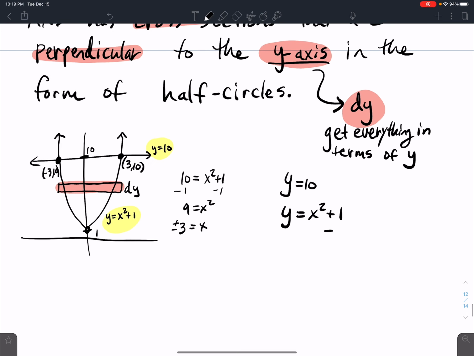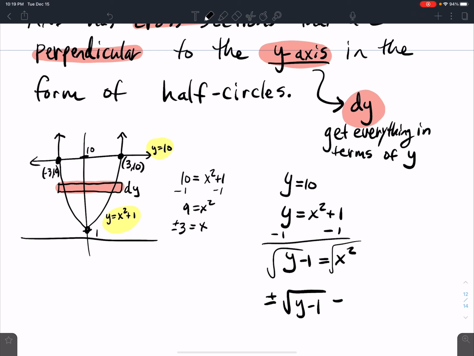To do that, I'm going to subtract 1 from both sides, and so I have y minus 1 equals x squared. Then I square root both sides, and I get plus or minus the square root of y minus 1 equals x. You might be asking yourself, what is what? That's a great question to ask.